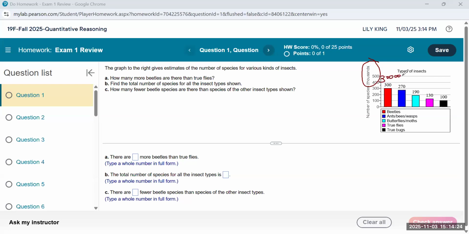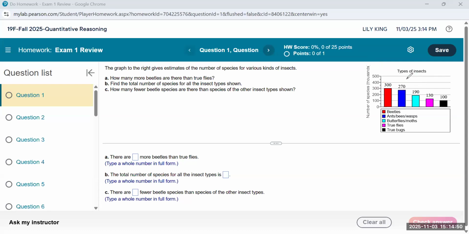So this is 300,000, 270,000, 190,000, 130,000, and then 100,000. All right, so this is something that I wanted to point out before we start working on this problem. Now, let's take a look at the first one.